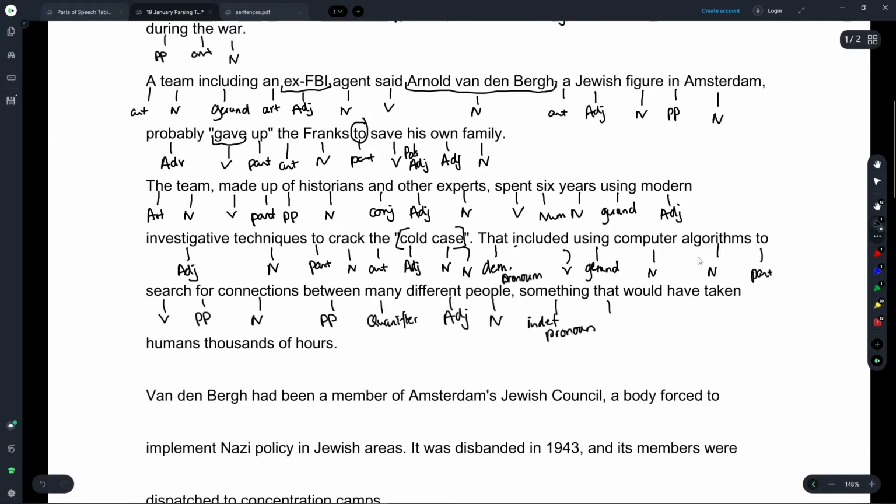That, relative pronoun. Would have, would is our modal, have is our auxiliary, and taken, verb, and in this case our past participle.